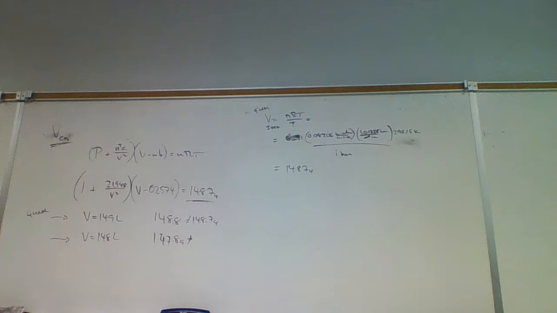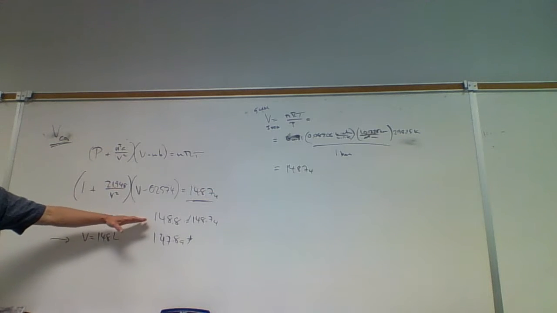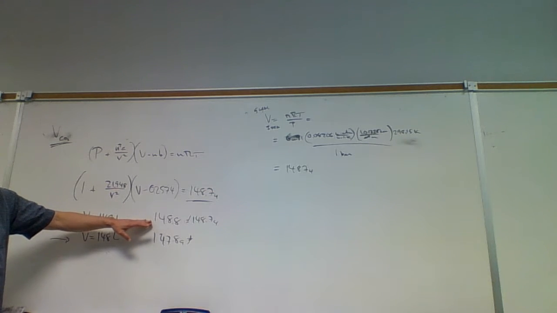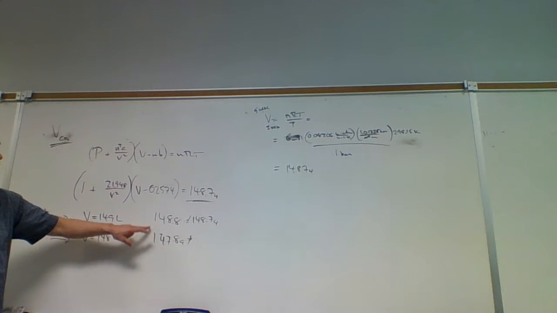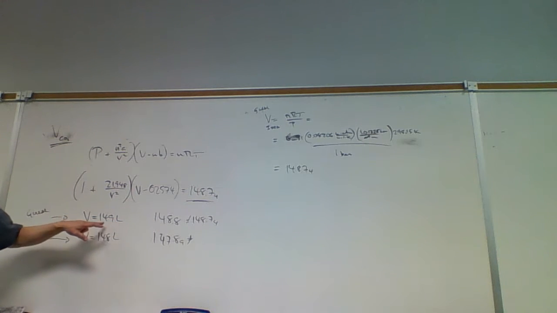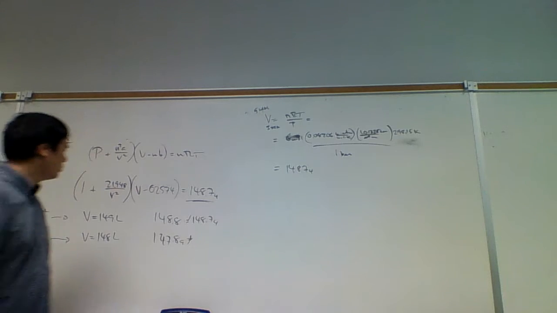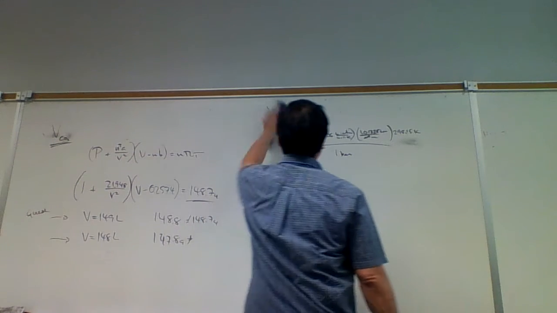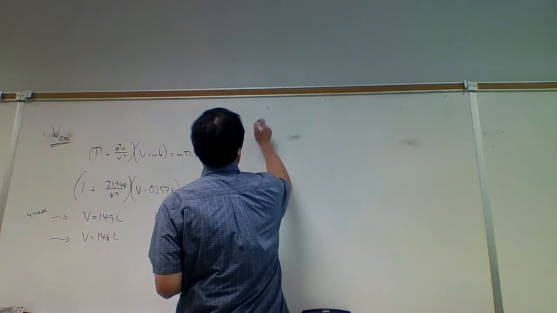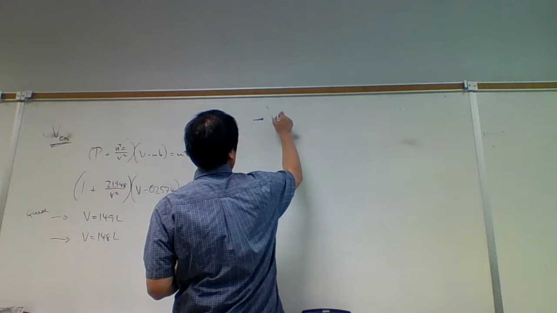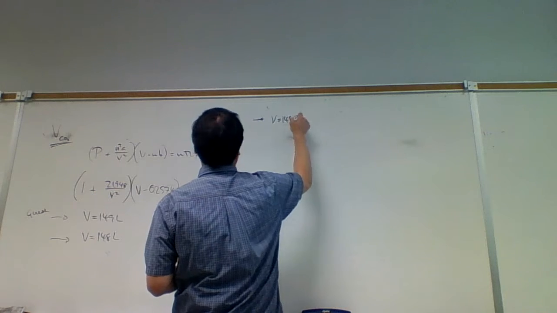And so now let's look at the numbers here. This is 148.8, this is 147.8, so this is one full unit. So I should be about 1/10 below this. Does that make sense? And so I'm going to go with 148.9 as my next guess. V equals 148.9.